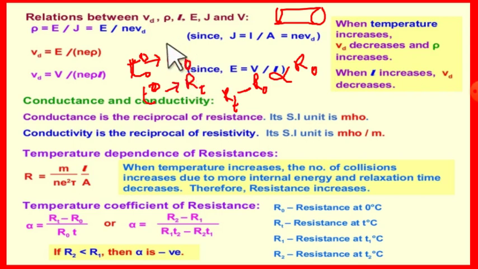That is directly proportional to this R naught, and it is also directly proportional to the rise in temperature. The rise in temperature means T minus T naught.